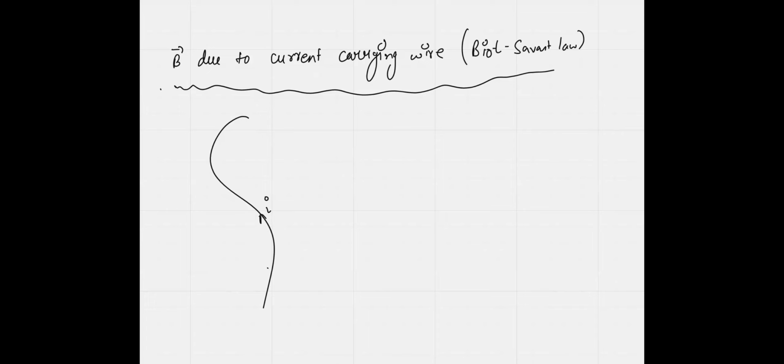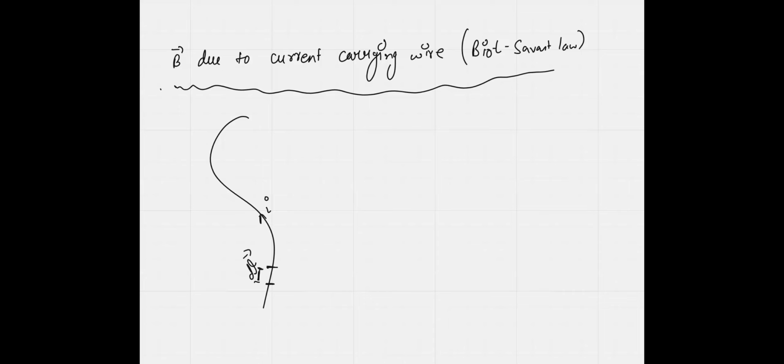Let's say this is the region. And this small length is basically dl. This small length is dl vector. This smaller element is known as dl vector.